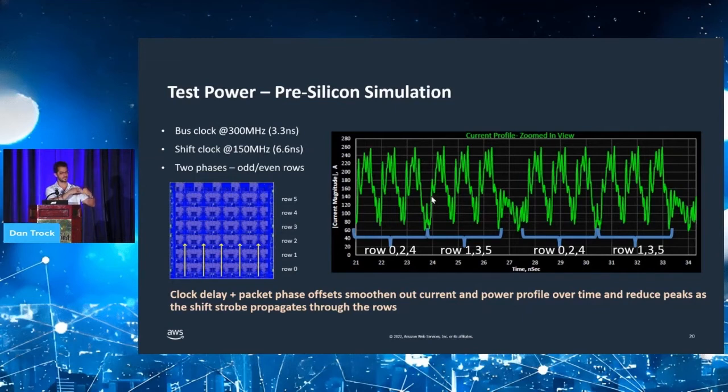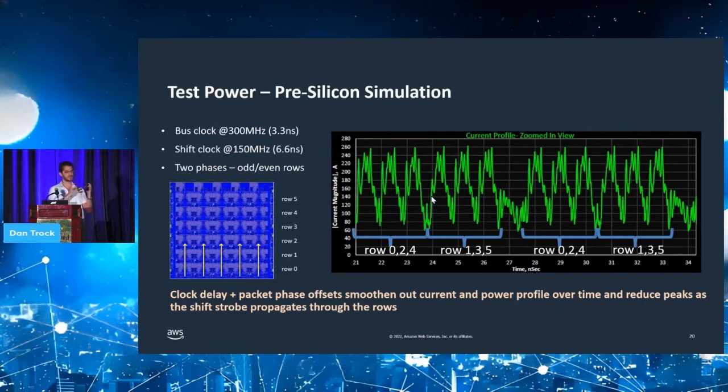So basically, in this plot, you can see the current profile over time. And current is equivalent to power, just multiplied by the supply voltage, and you will get the dynamic power that your vector is generating. So you see here 4 bus clock cycles, okay? And each pair of bus clock cycles is equivalent to 1 shift cycle of the complete design, right?